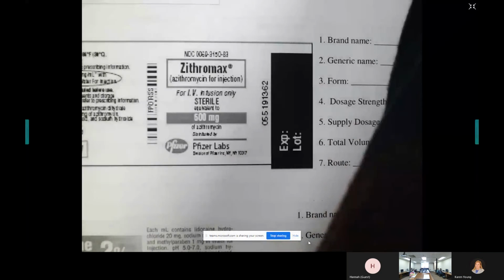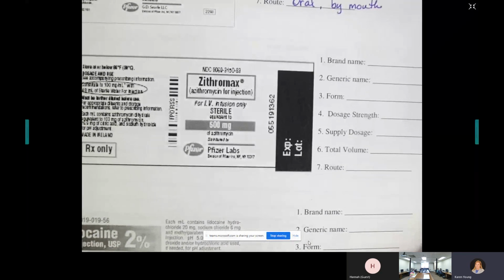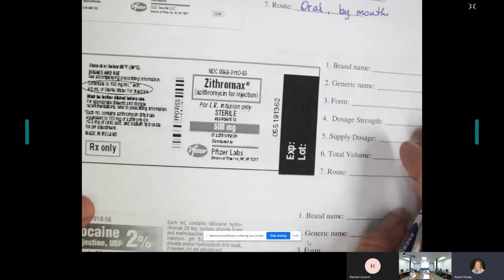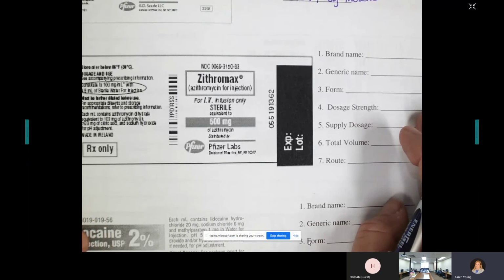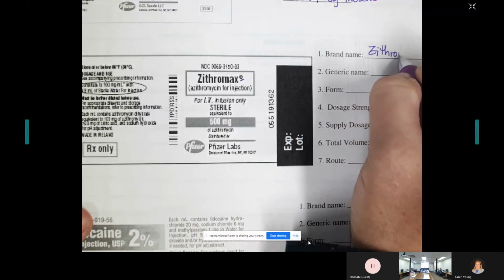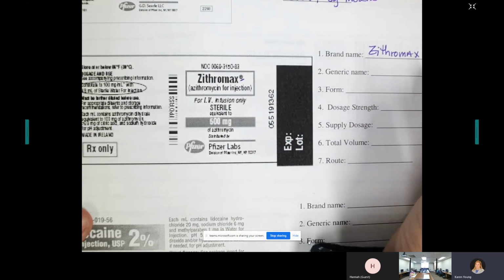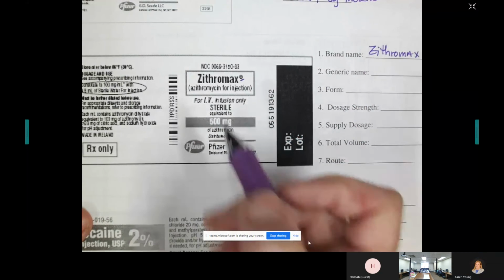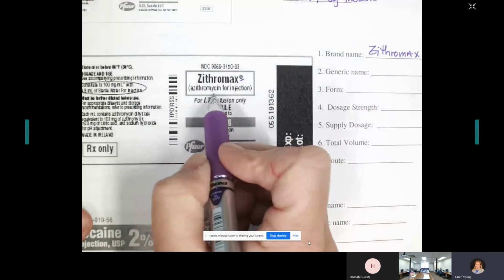Let's look at Zithromax. So our brand name for Zithromax, do we have a brand name, or is Zithromax our generic name? It's a brand name because it's got that little R right there. And then our generic name is azithromycin, but it's not the injection, okay?